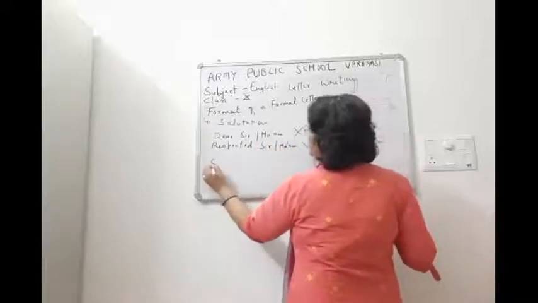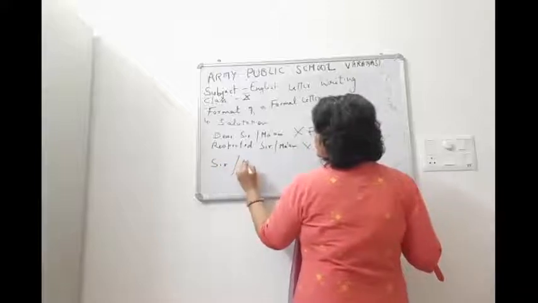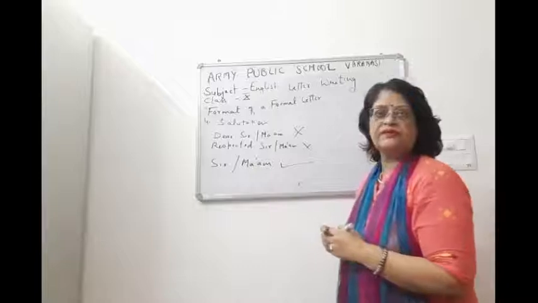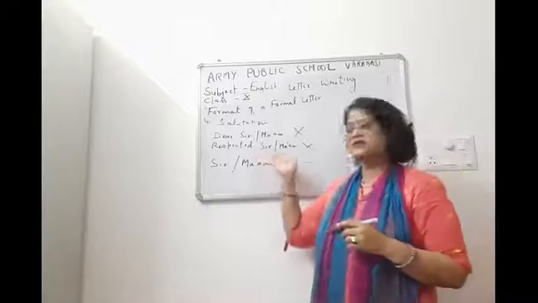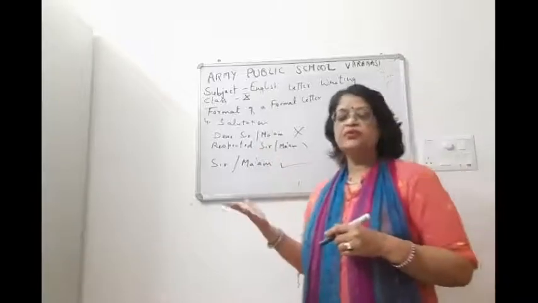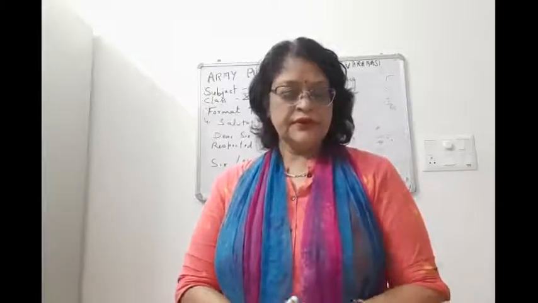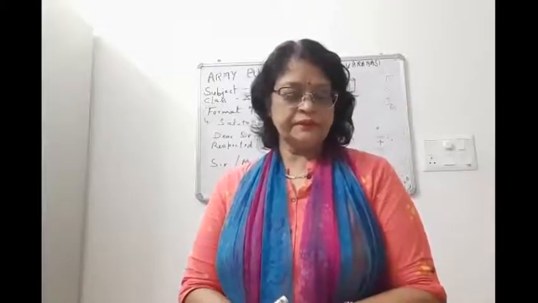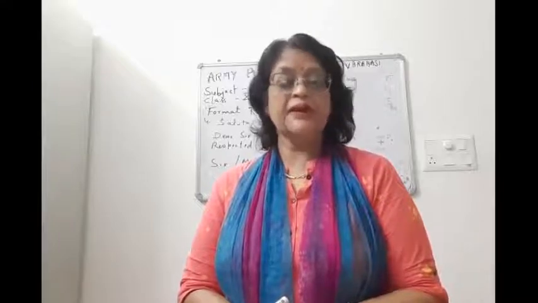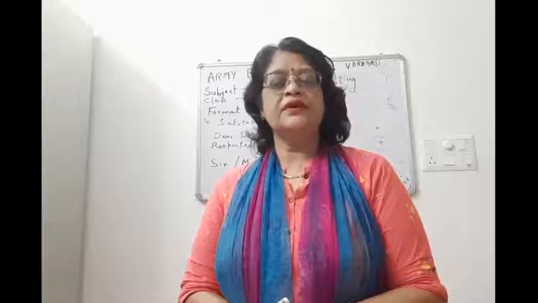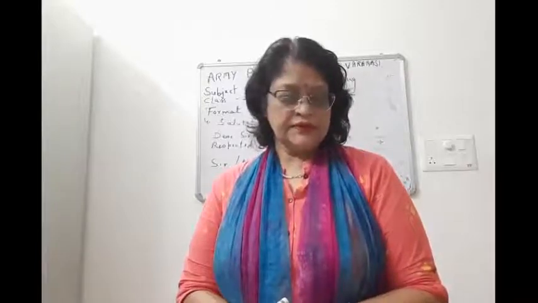We write only sir or ma'am. This is the correct way. You don't have to write respected sir. In many books, children, it is written dear sir, dear sirs, okay, respected sir or madam. So earlier these things were written, but now we are not writing this thing.